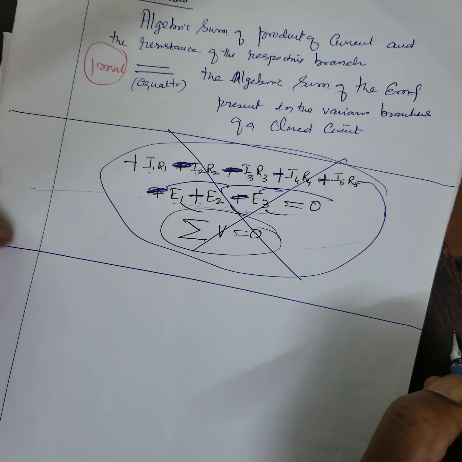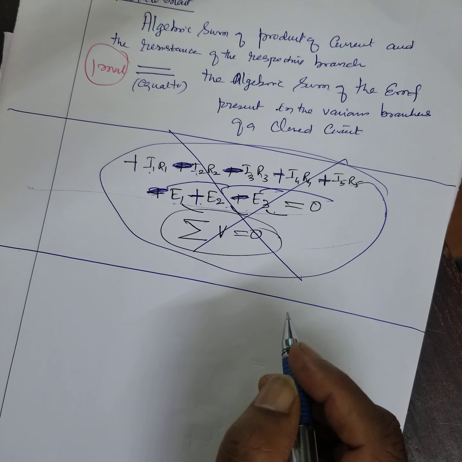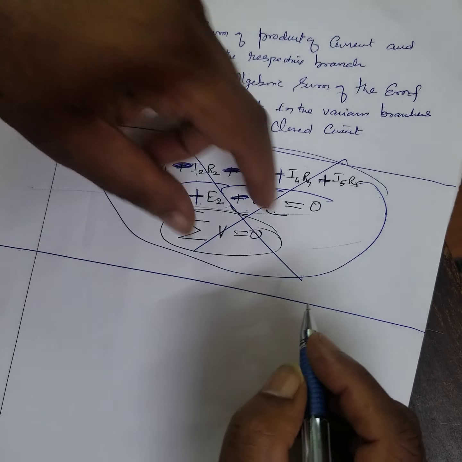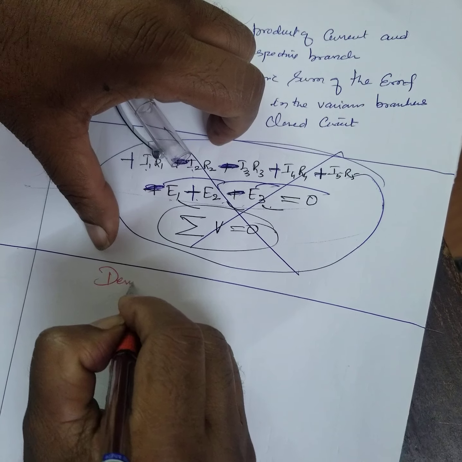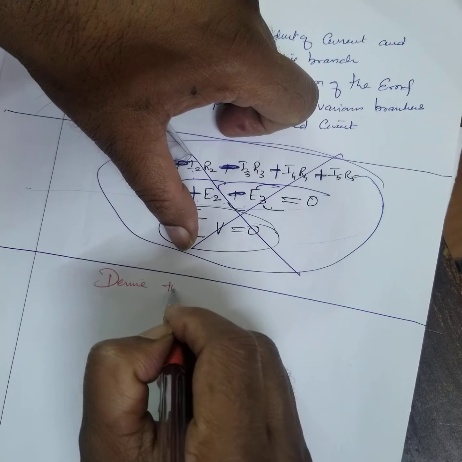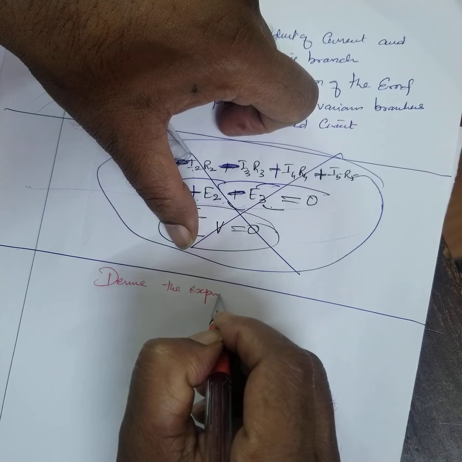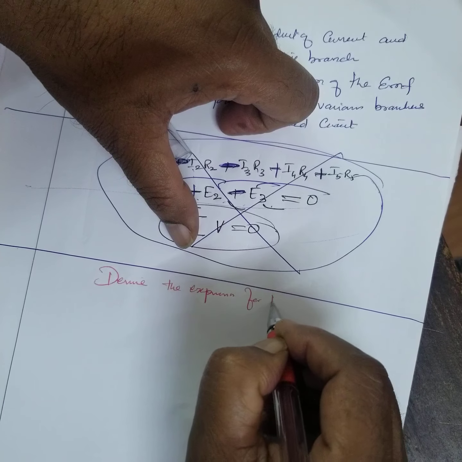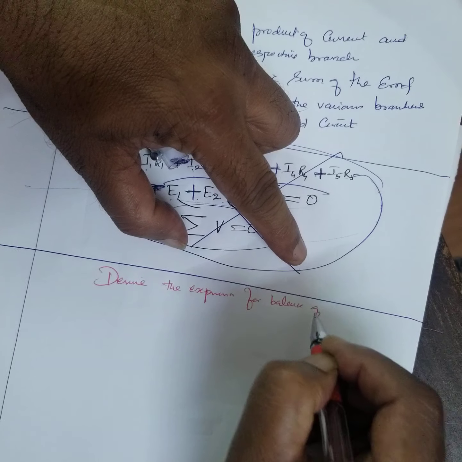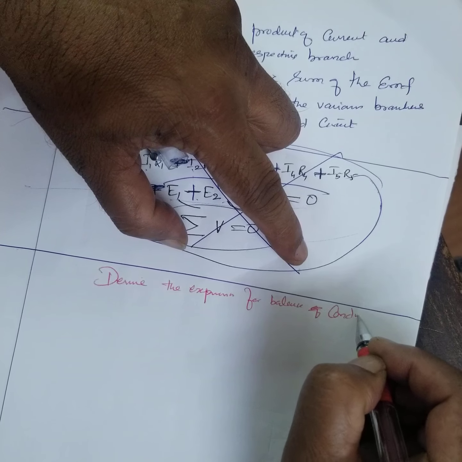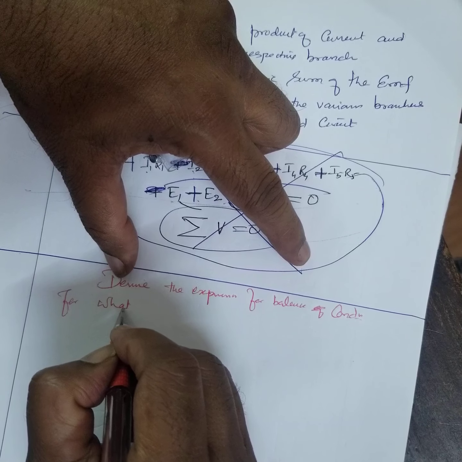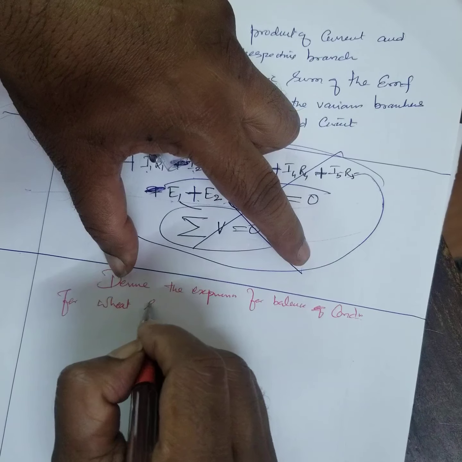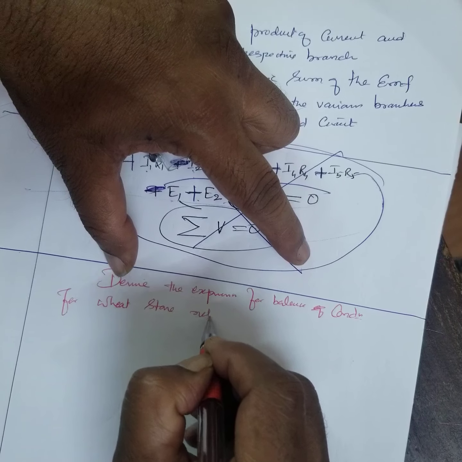Now, another question they will ask you: derive the expression for balance condition for Wheatstone network.